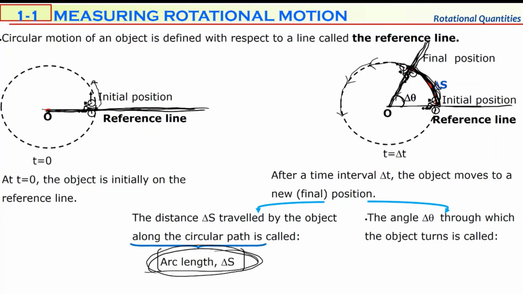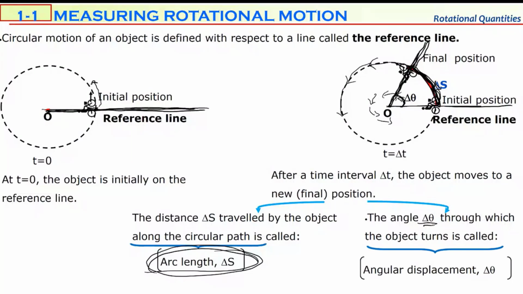By the time the bicycle is turning, the angle is initially 0, then it increases; it's turning by some angles, and the angle increases as time passes. The angle, delta theta, because it's also changing, that's why we should write delta. The angle delta theta through which the object turns is called angular displacement.